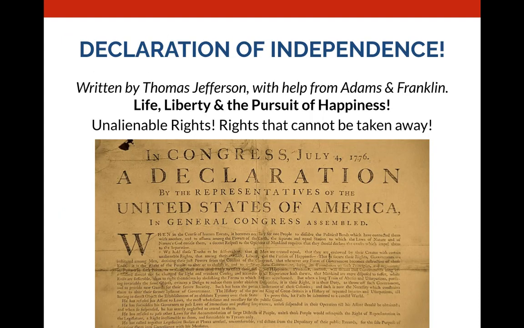All of these Enlightenment ideals will be, of course, shown in the Declaration of Independence, which will be written by Thomas Jefferson with the help of other people as well. You'll see very popular phrases like life, liberty, and the pursuit of happiness. We will talk about rights and natural rights, which are all Enlightenment ideas.